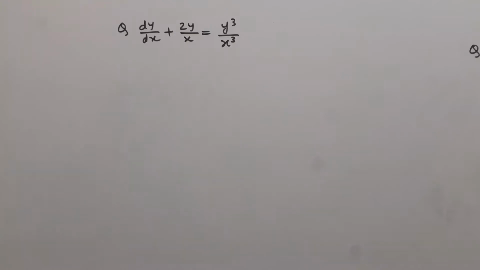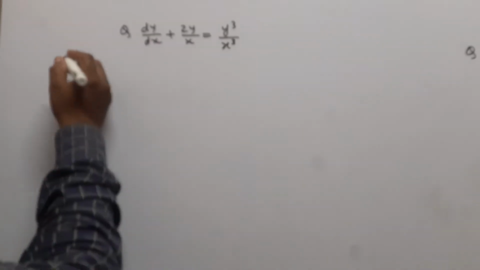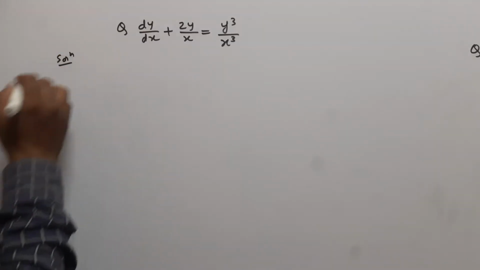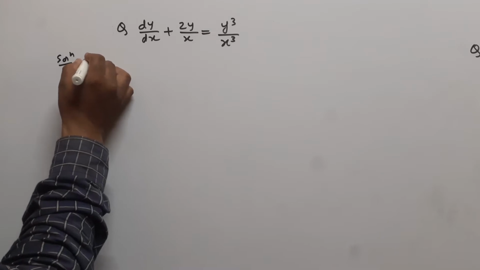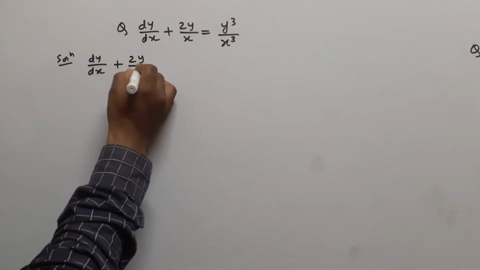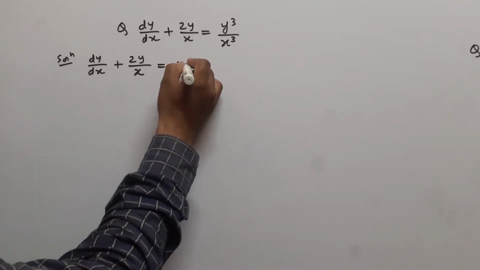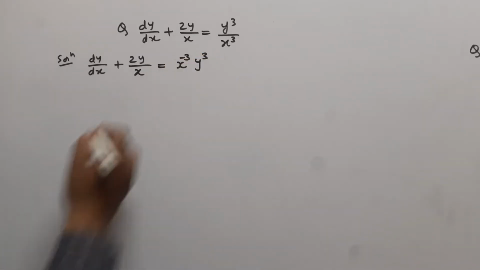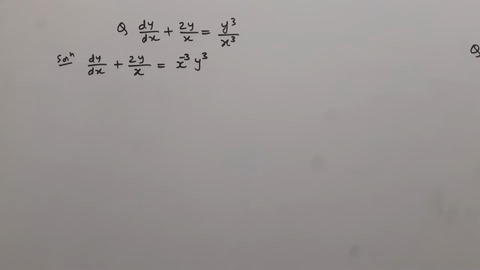This is the question of extended linear equation. We can see here this can be written as dy/dx + 2y/x = x^(-3) y^3.